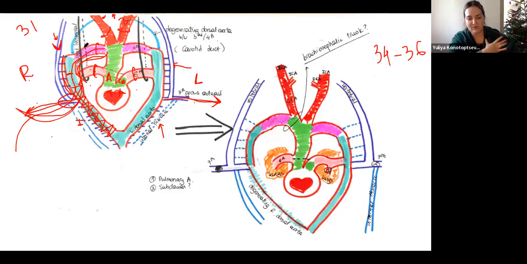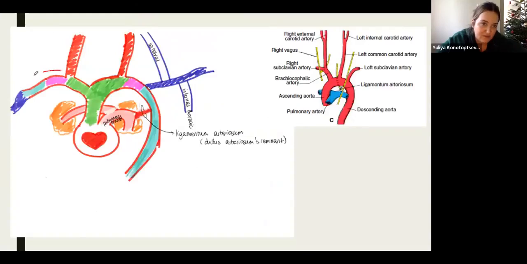And in the upward region, we have a little bit of space. It's not like we have lots of space. There's a little bit of space present there. Because of it, it starts to shrink. It shrinks all the way until this vessel, until it becomes this vessel. And this vessel right here is your subclavian.